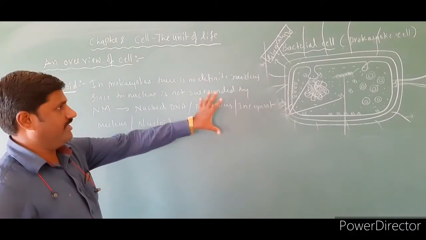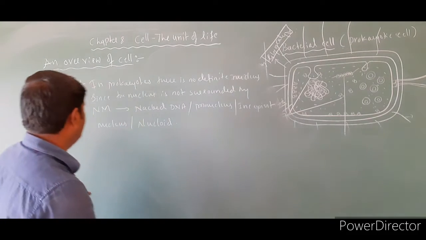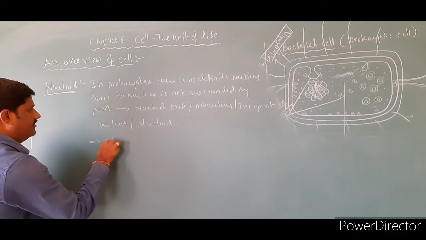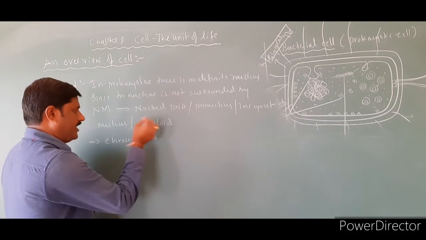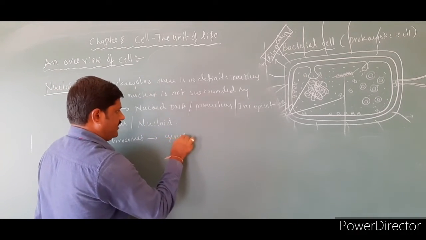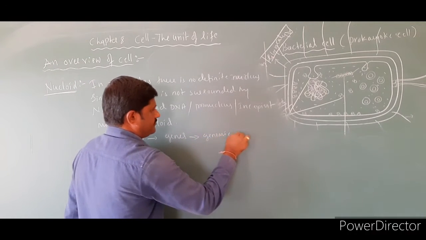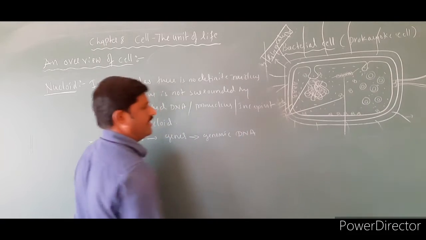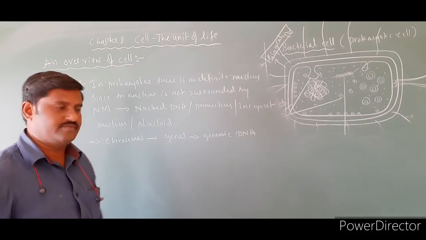So this is a very important aspect to be remembered. It also consists of the chromosomes, it also contains genes, and it is called genomic DNA. It is circular in nature sometimes.